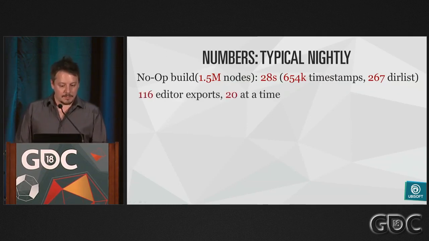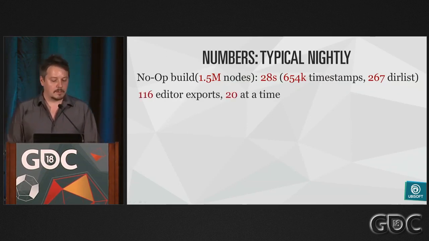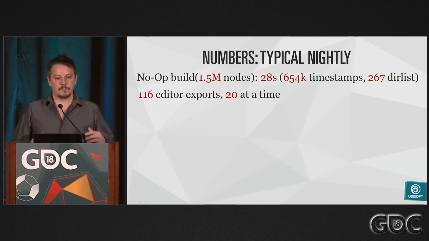Talking about the nightly build itself, we still need to run our editor to extract some information out of our maps. But thanks to the file system hooking, we can actually run many editors at the same time. So we're actually running 20 instances of our editor at the same time, but still running 116 instances of our editor.